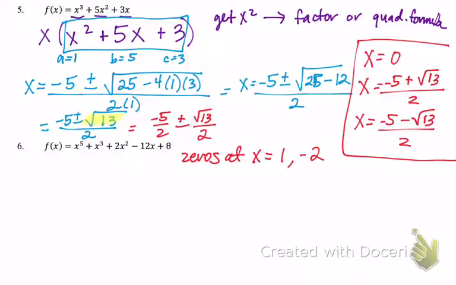And it also touches 1 twice. So what that means is, if it touches 1, then it has a multiple of 2.